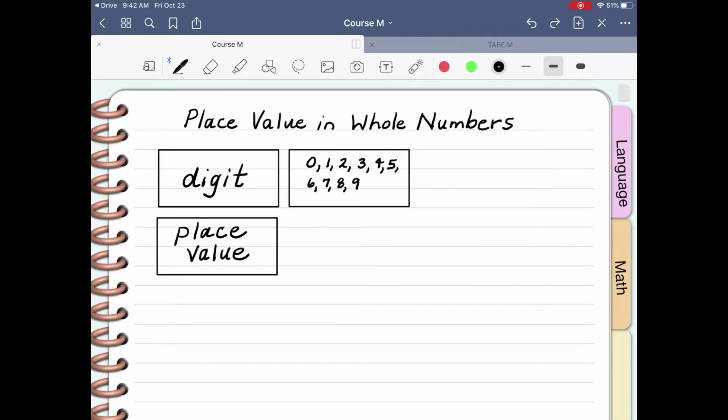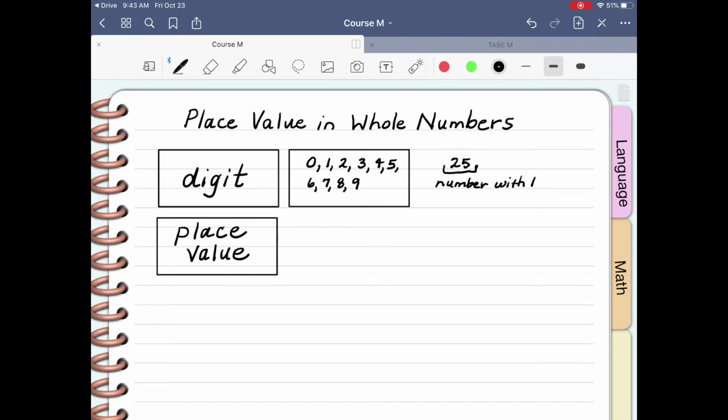So let me just tell you a little bit about digit and numbers. I've had students say, oh, so a digit is just a number. It is, but it isn't. If you think about the number 25, that's a number. How many digits does it have? It has 2.